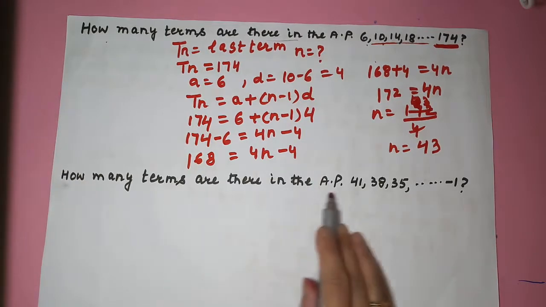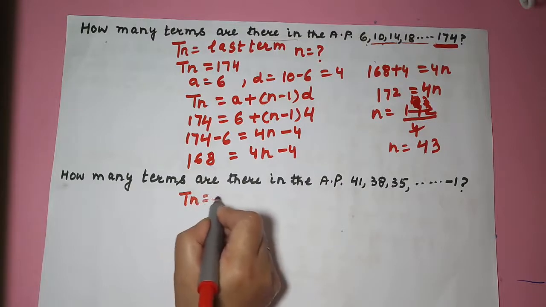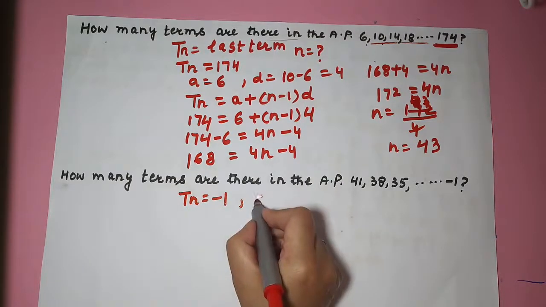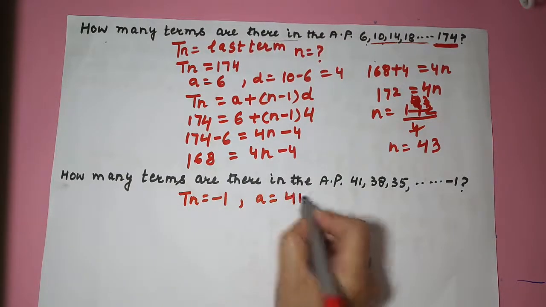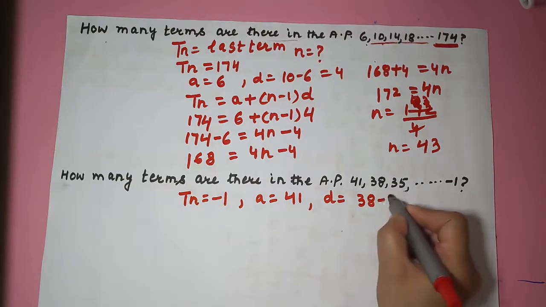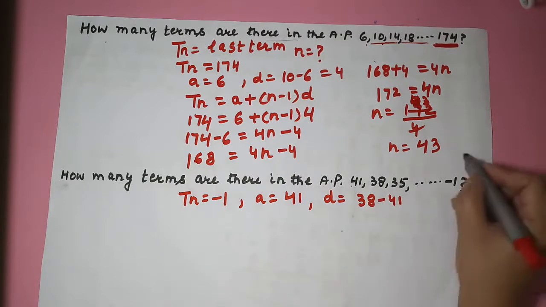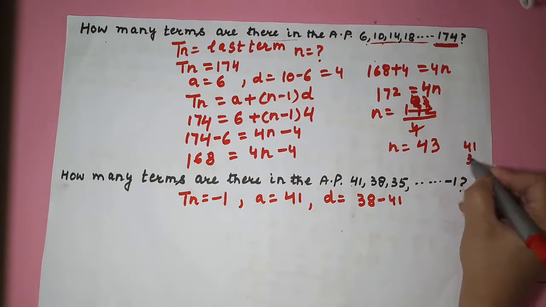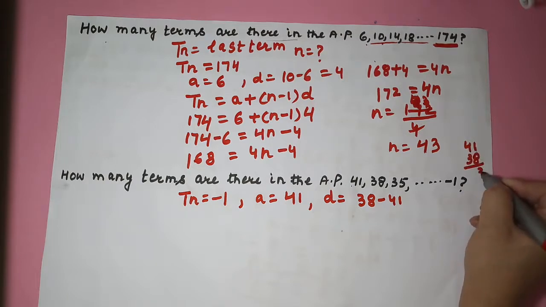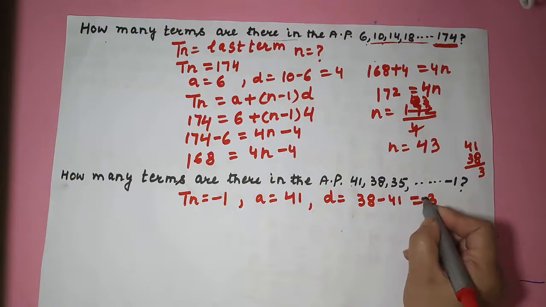Again the same type of question. How many terms are there in the AP whose last term is given, minus 1? What is A? 41. What is D? 38 minus 41, T2 minus T1. So if we subtract 38 from 41, this will become 3, so you have this as minus 3.